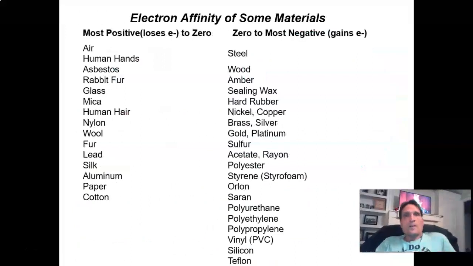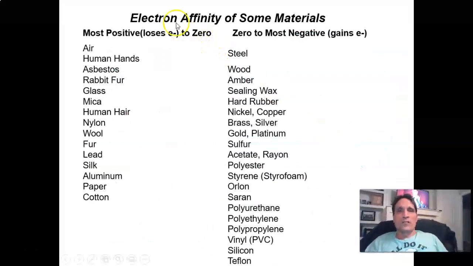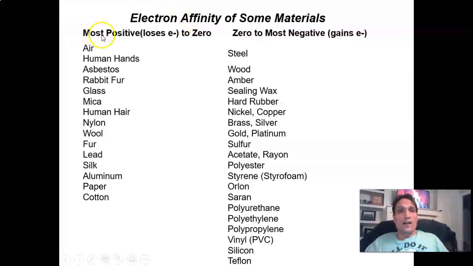So if you look at some materials here, this is what's called a table of electron affinities. You'll be dealing with this in lab. And so these materials on the left side tend to have a high electron affinity.